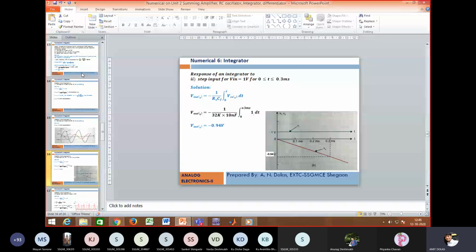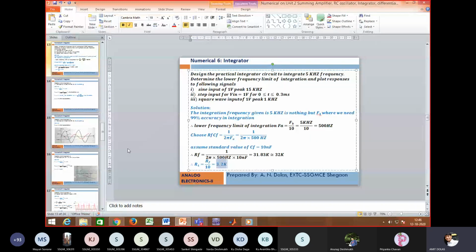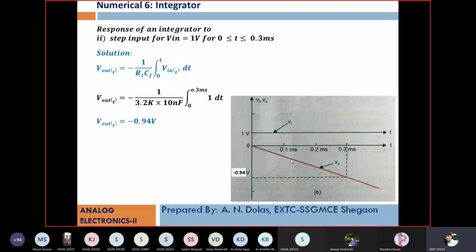That is RF 31; R1 is 3.2 approximately, 3.18 or 3.2, whatever, it is the same. So here I have not put the decimal point. So please calculate. It is right, 3.2K into 10 nano.